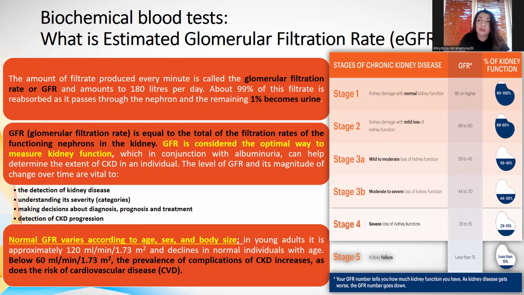And all these things we take into account when we are calculating glomerular filtration rate with the help of equations. In a young adult, it is approximately 120 milliliters per minute and declines in normal individuals with age. Below 60 milliliters per minute, the prevalence of complications of chronic kidney disease increases, as does the risk of cardiovascular diseases.